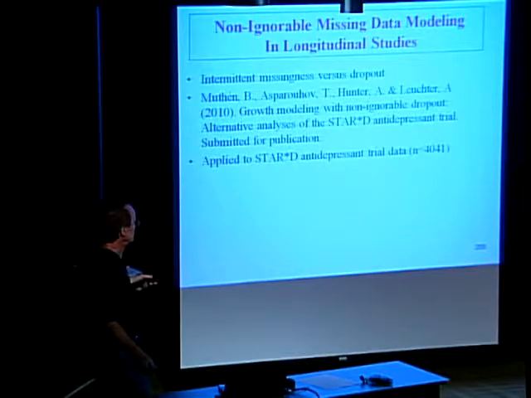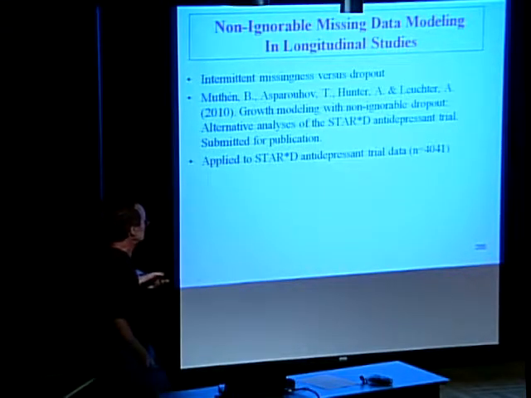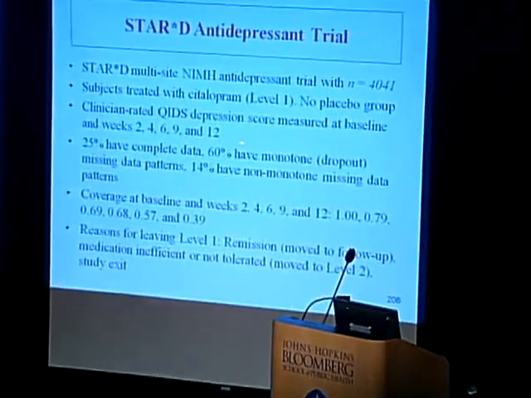There's not a placebo group, but you look at the drug effect and see how that influences depression. We are going to look at the clinician-rated depression score measured at baseline and weeks 2, 4, 6, 9, and 12.